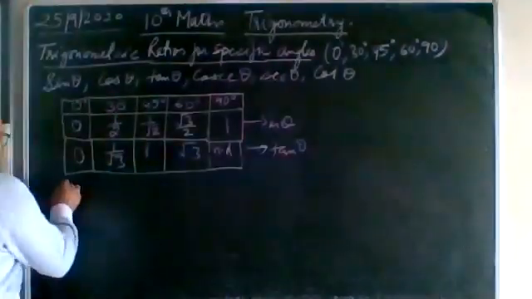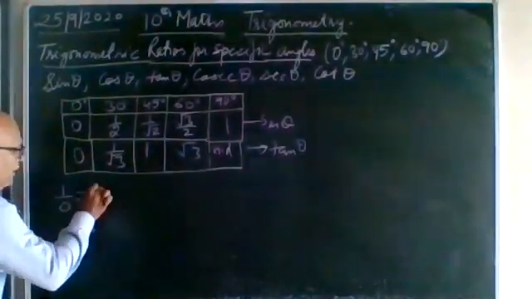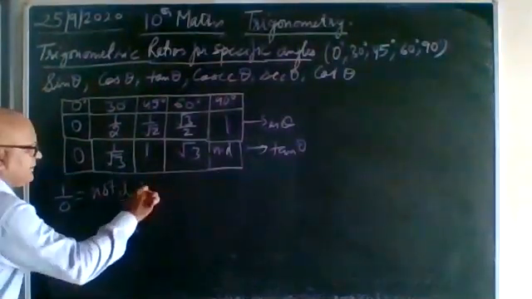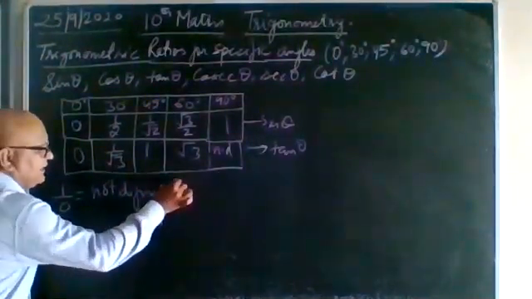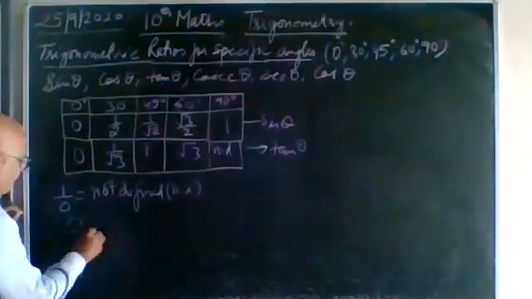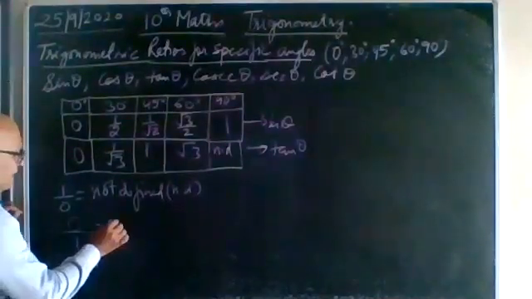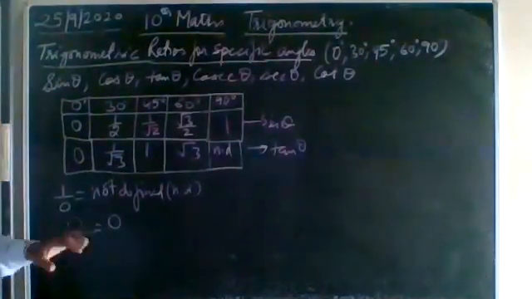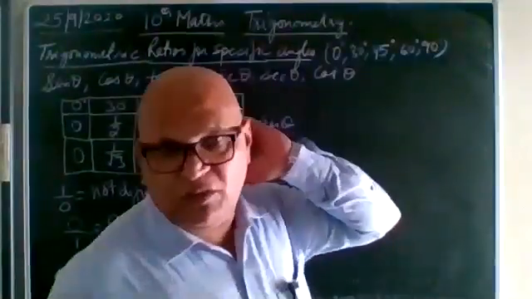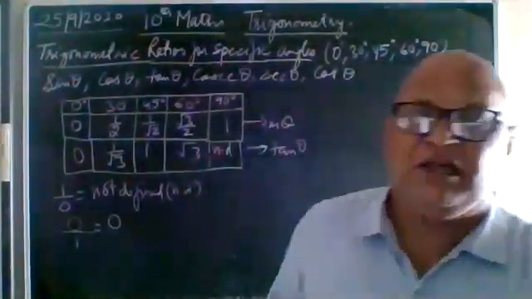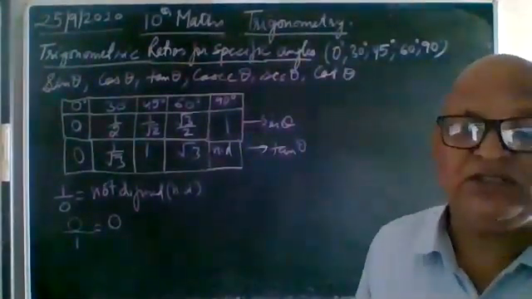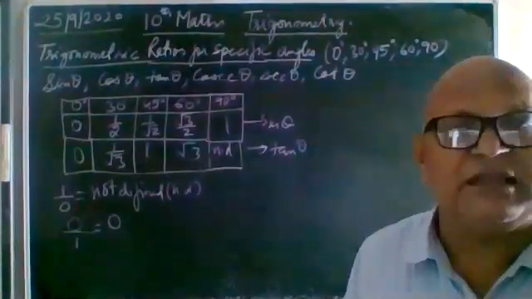So when we reciprocate the not defined value, you will get 0, and when you reciprocate 0, that is 1 upon 0, you will get not defined. So these are the values.